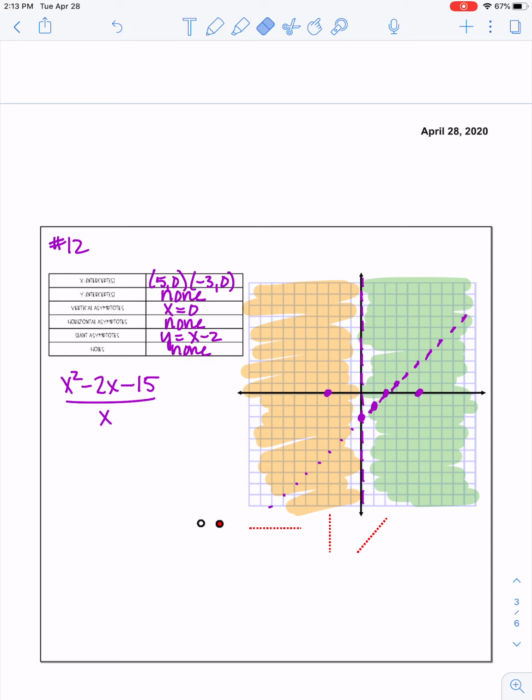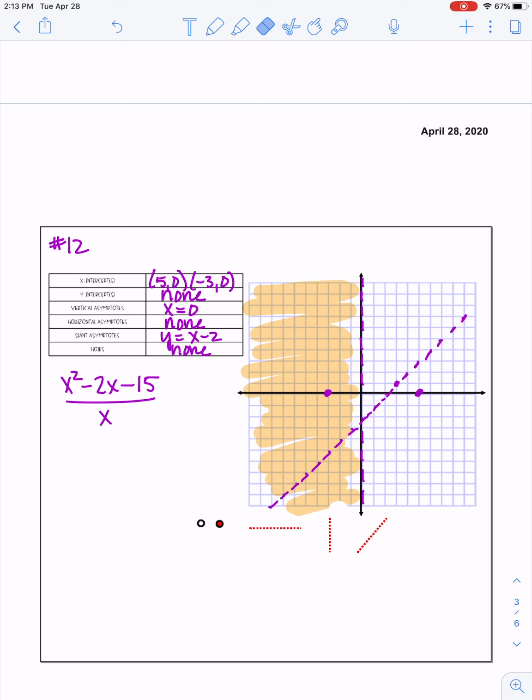Let me just take those points out because I don't want you to think those are actually on the line, because they're not. Okay, so there's my slant asymptote.